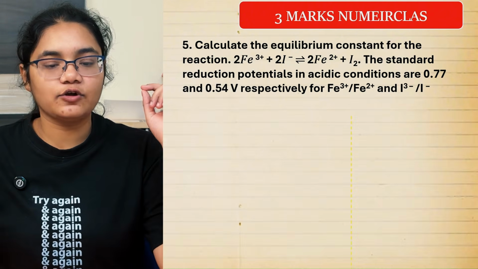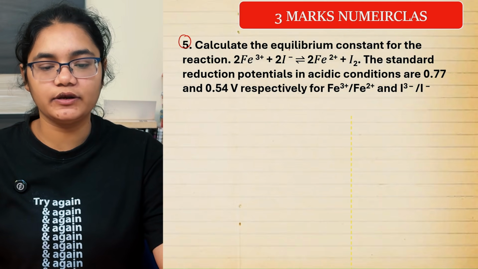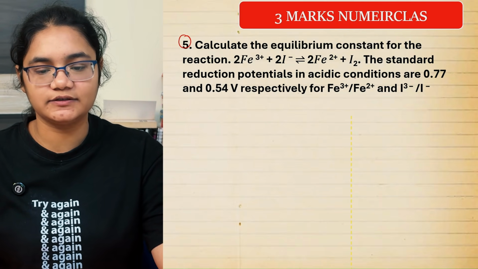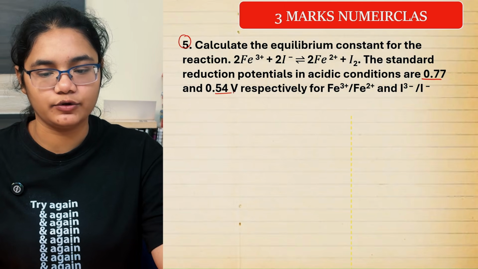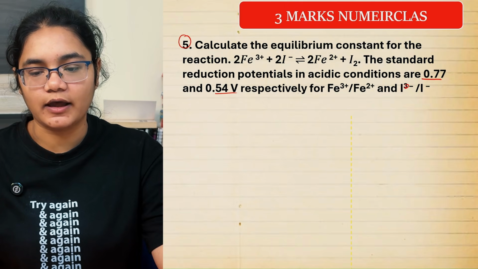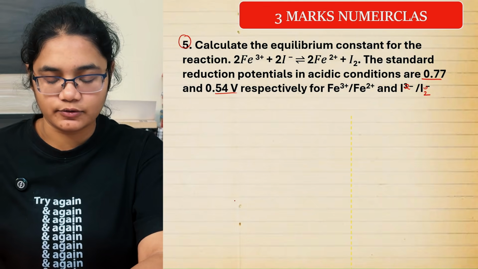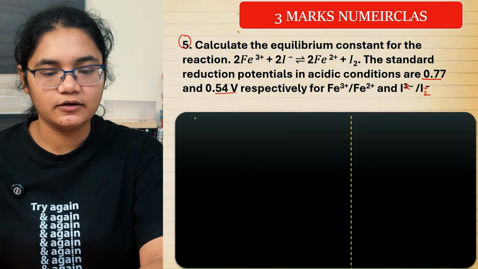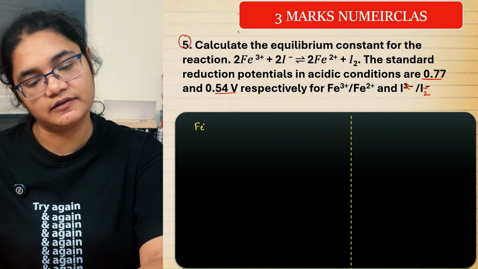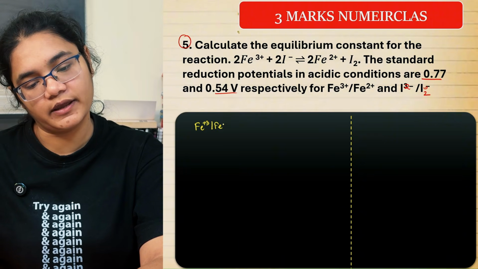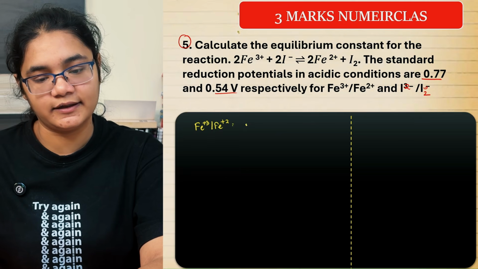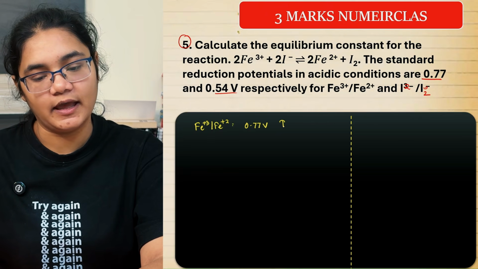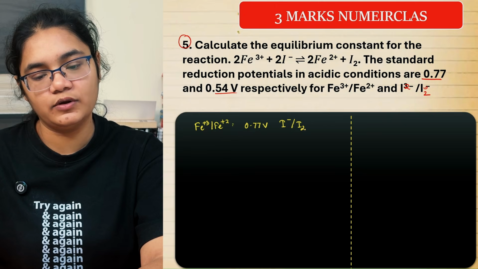Okay, now let's solve question number 5. Calculate the equilibrium constant for the given reaction. The standard reduction potentials are given to you for Fe3+ and I minus to I2. So I'll just tell the value here. First of all, we have Fe+3 to Fe+2, the value given here is 0.77 volt, and I minus to I2, the value given to me is 0.54 volt.